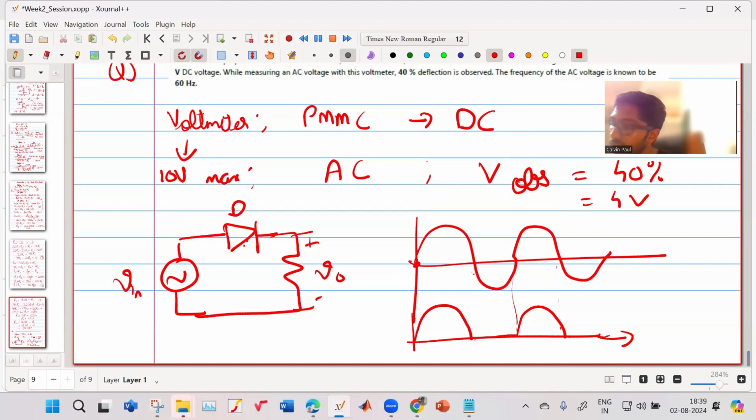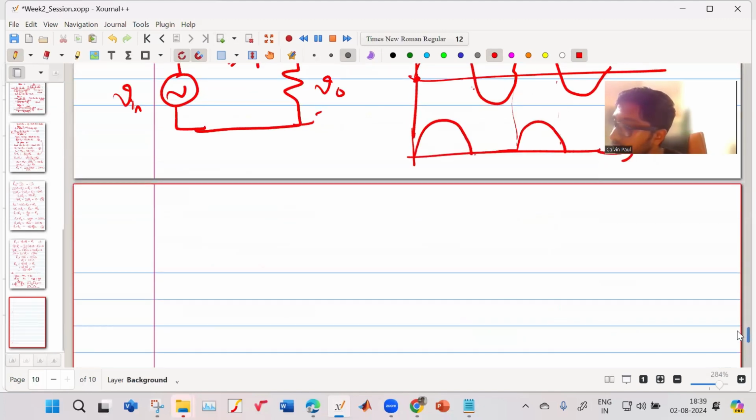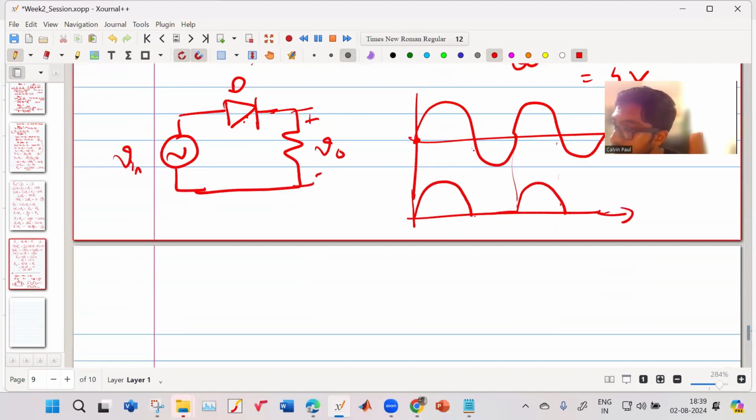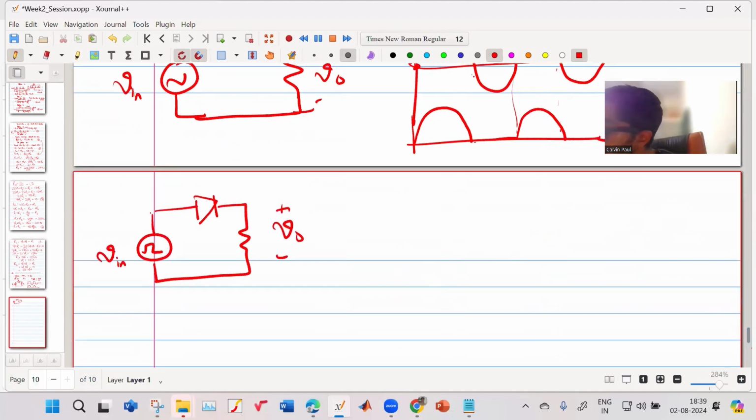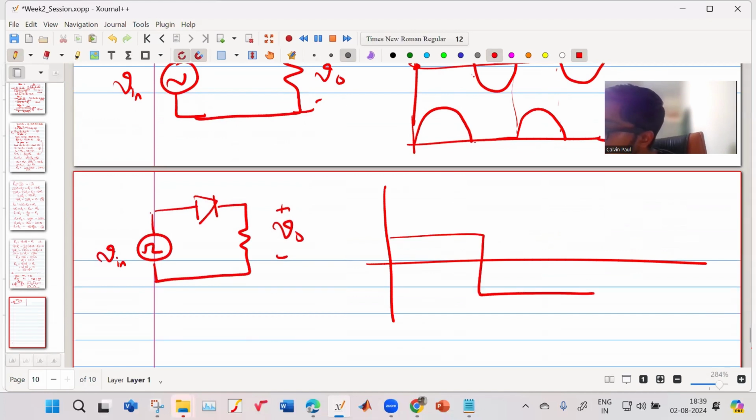Suppose we give what is known as a square wave. This is the same circuit. This is my V in, right? My V in is like this.